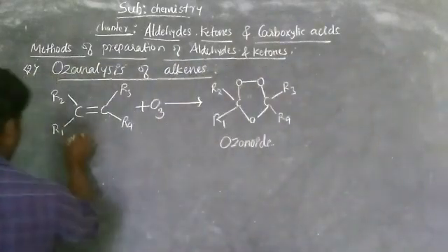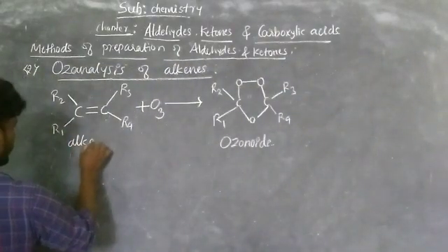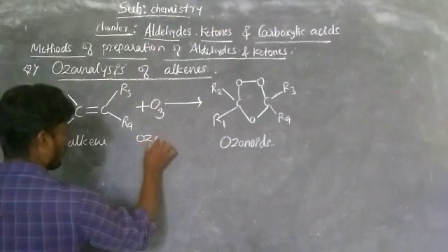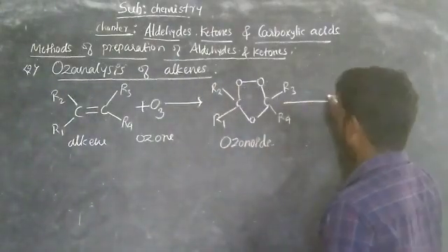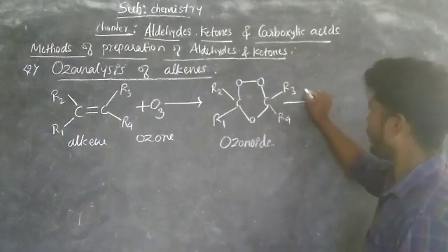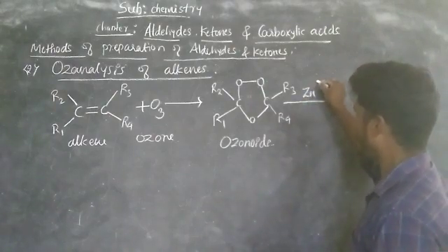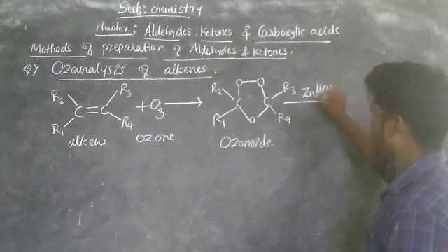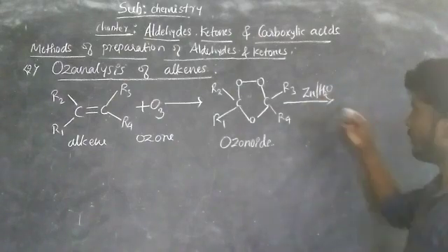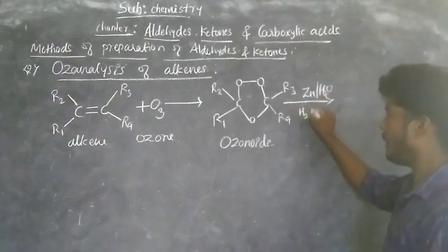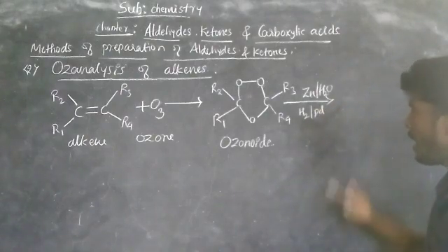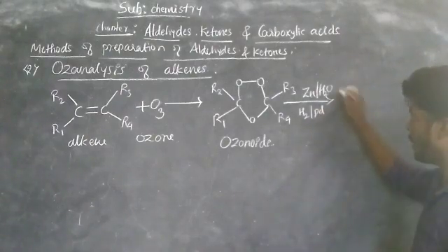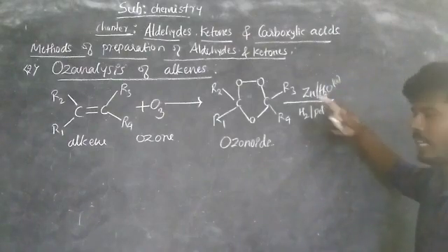This is the alkene, and this is ozone. Now this ozonoid is unstable, which is treated with zinc dust in water, or we can also treat it with hydrogen and palladium catalyst. Reduction takes place. Reduction means addition of hydrogen. Either you take this one or this one, your wish.